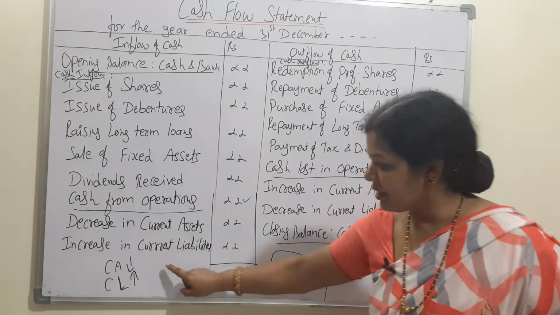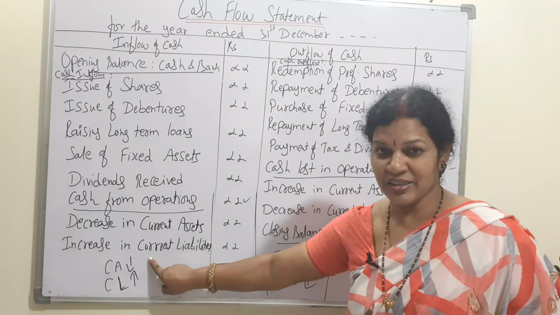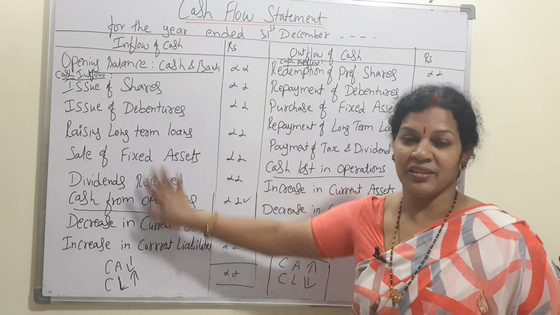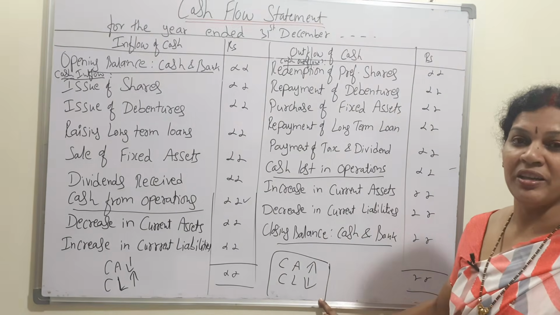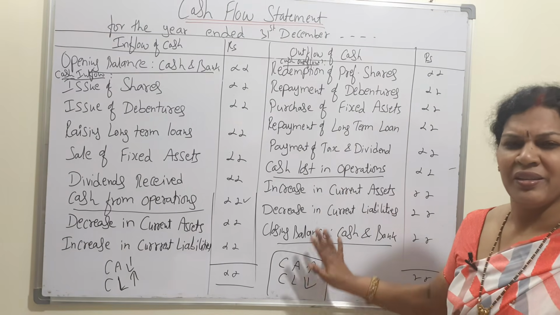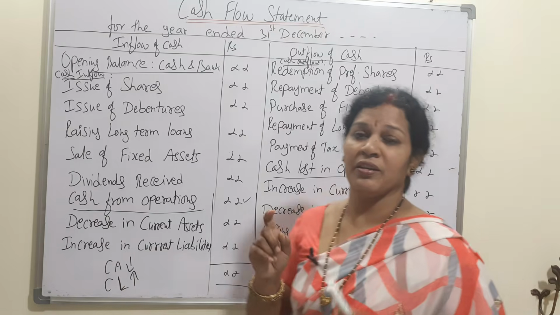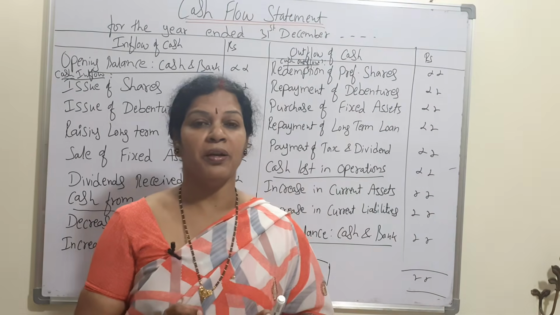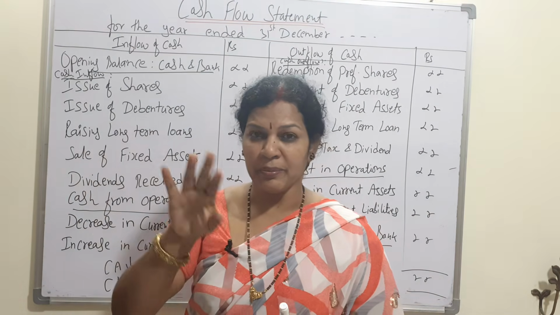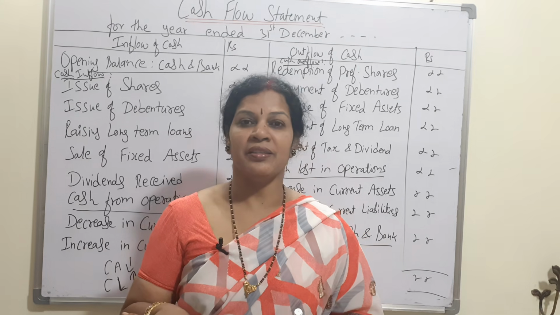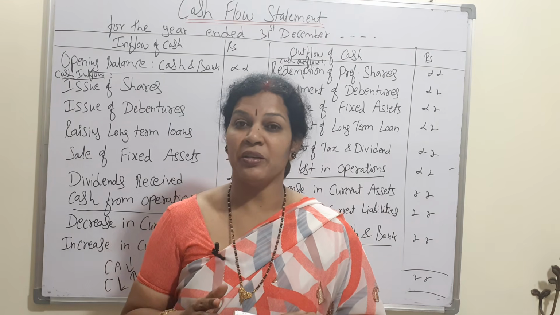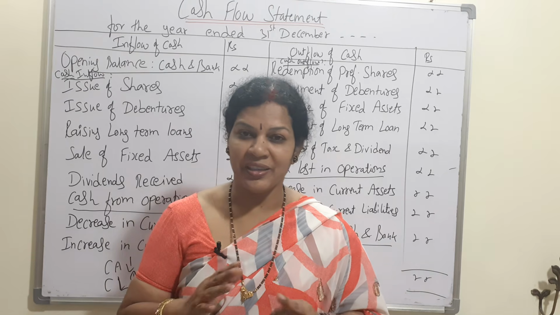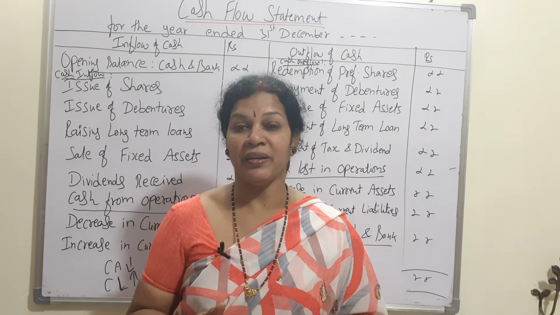Only the difference is that current assets decreasing, current liability increasing, this is inflow. Current asset increasing, current liability decreasing, outflow. That's it, simple statement. Just write down this proforma and remember this, practice this, and in the coming classes we'll be working a lot of problems related to the cash flow statement. Quite easy, nothing to worry. Easily you can prepare it.